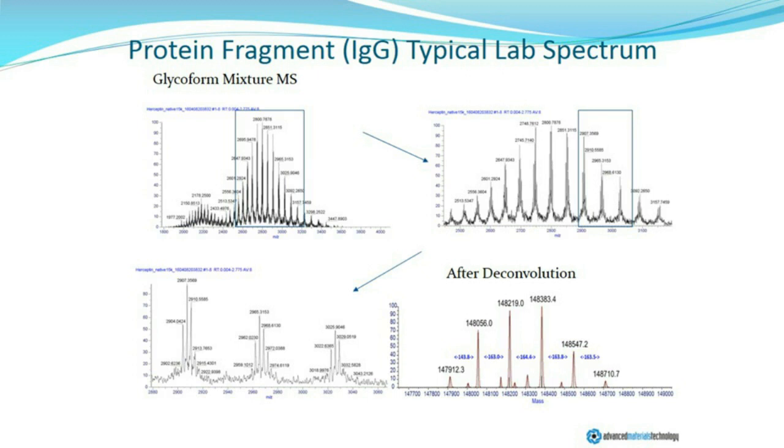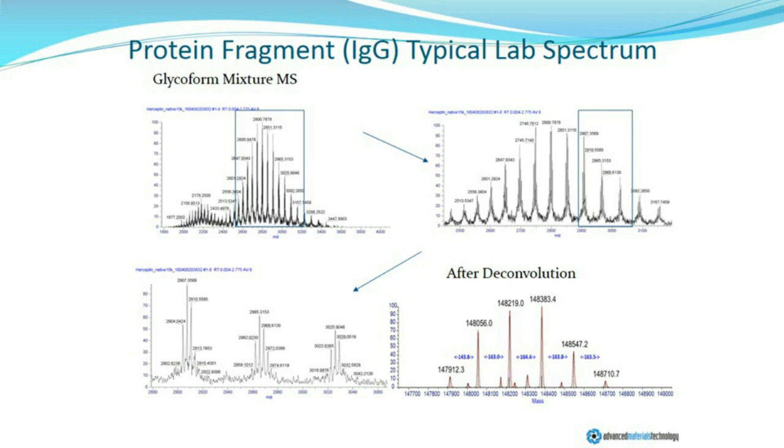Now, this is typically the way IgGs, intact IgGs, are characterized, where we have a mixture of glycoforms, variants of the therapeutic monoclonal antibody, with glycosylation variants being quite obvious. When we zoom in on the mass spectrum, we can, in fact, see at each charge state the multiple masses associated with each of the glycosylation variants.